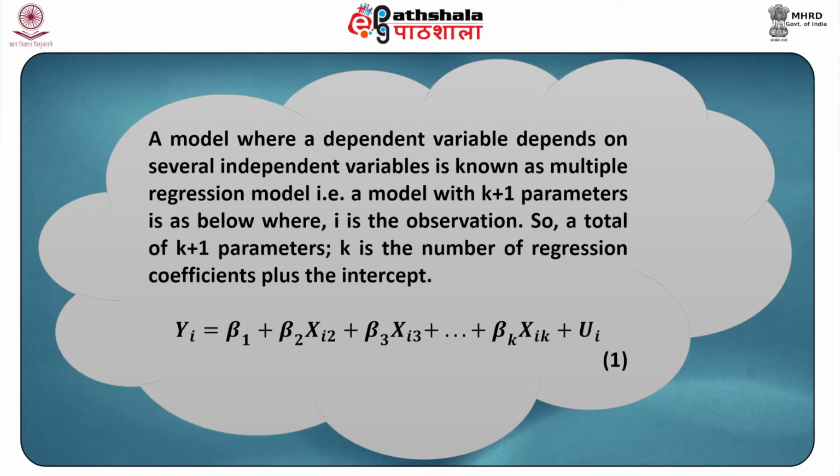This is our equation 1. In this, yi is the dependent variable, xi2 to xik are explanatory variables, beta 1 is the intercept, and beta 2, beta 3, up to beta k are all our slope coefficients, and ui is the error term.